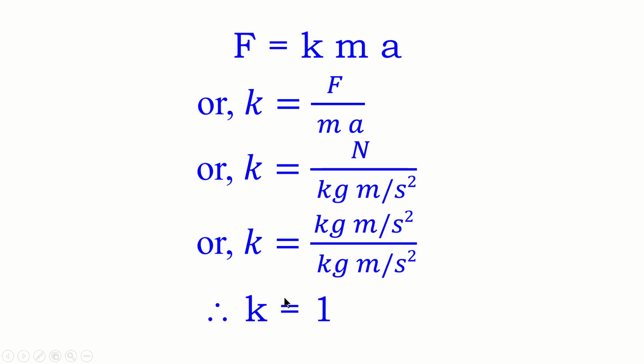If the value of k becomes 1, why should we take k in this equation? Because if 1 is multiplied by mass and acceleration, then the product will be mass into acceleration only. That's why instead of writing k ma, we can use F equal to ma. In this case the value of this constant is 1, that's why we remove it.